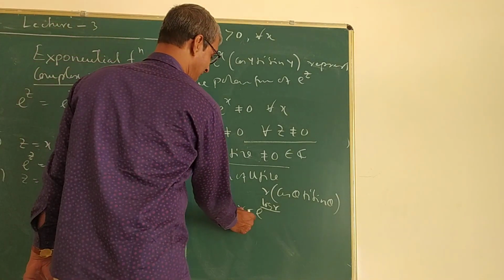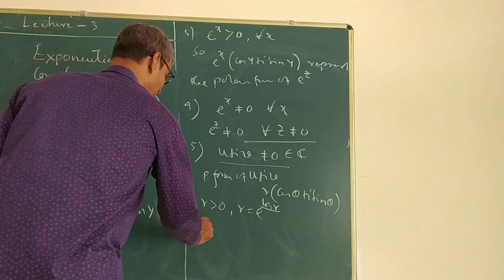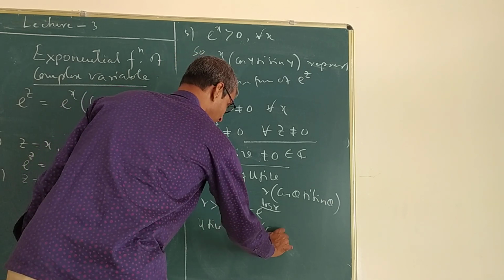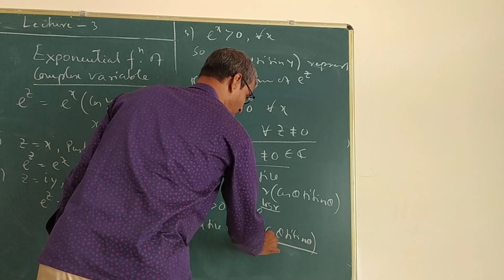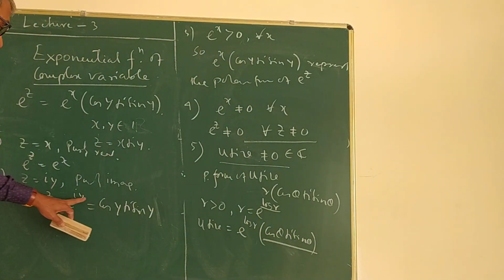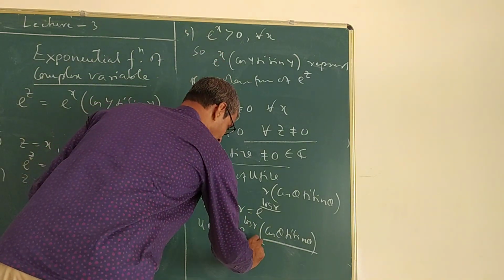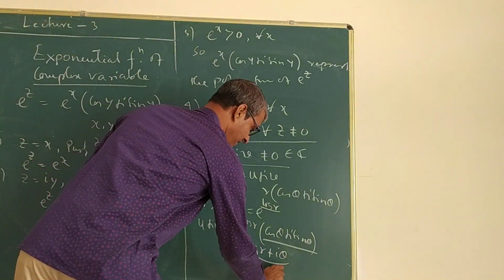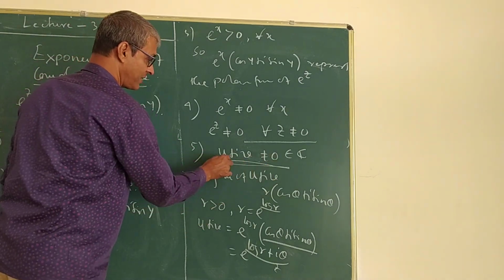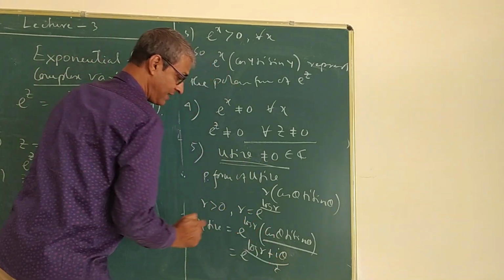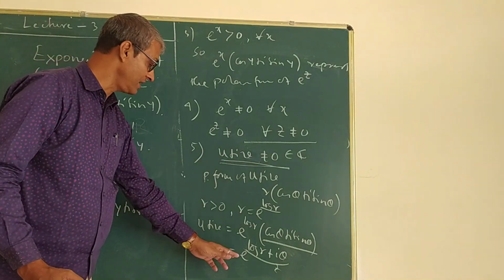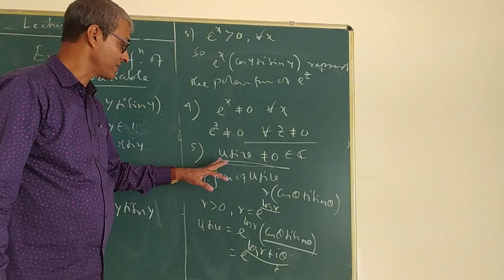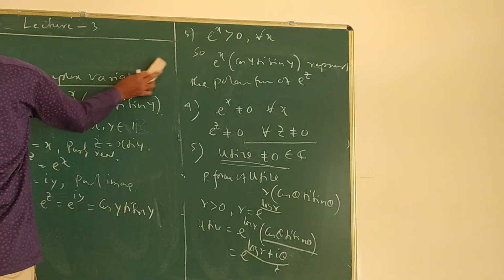So u plus ib can be written as e to the power log r times (cos theta plus i sin theta). Now cos theta plus i sin theta is e to the power i theta. So in the case of the exponential we can write it in this way. This is a complex number z. So given a non-zero complex number u plus ib, you will get a complex number z such that u plus ib equals e to the power z.